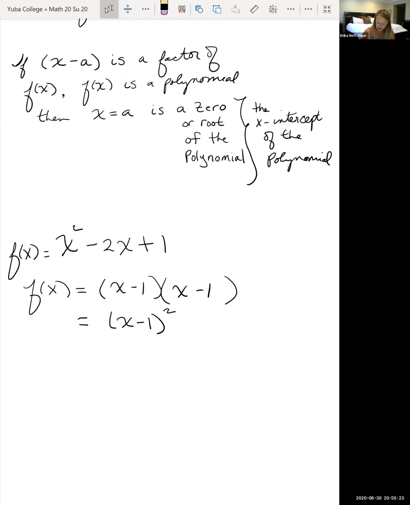So here we would say that if you set this factor equal to 0, well, we're looking at when is x minus 1 equal to 0? If we solve this, this is when x equals 1.